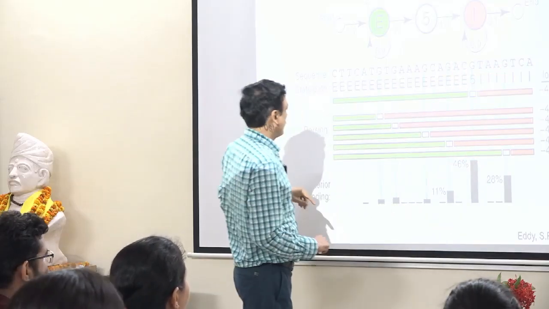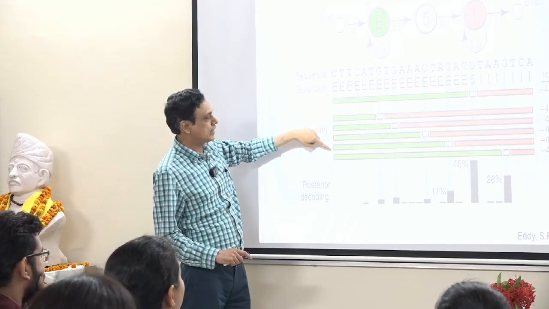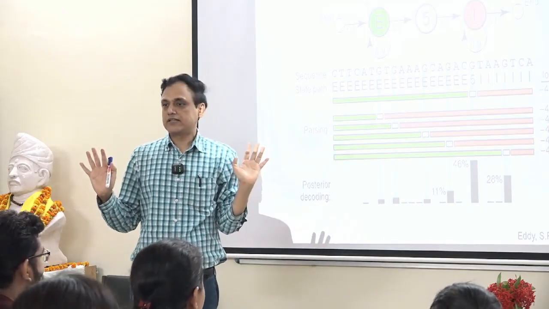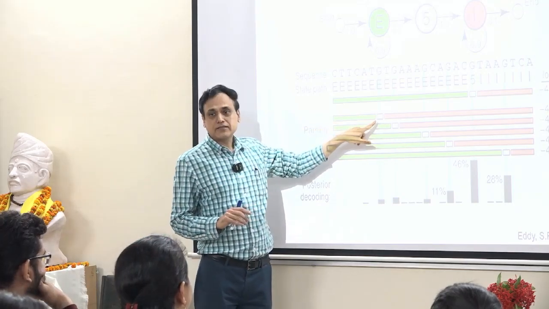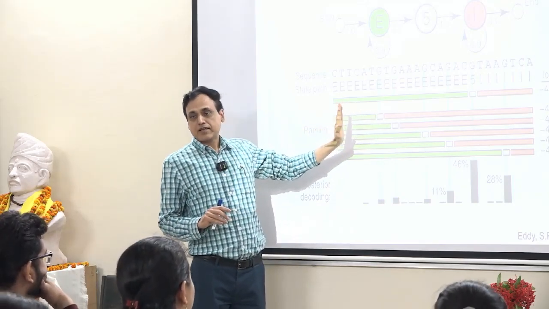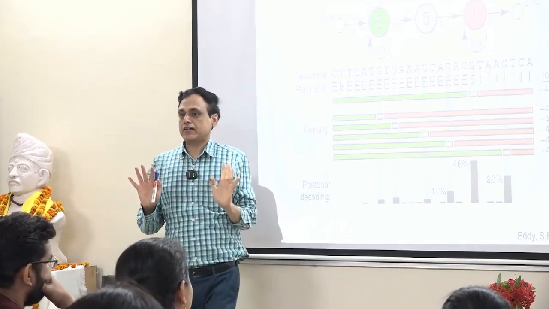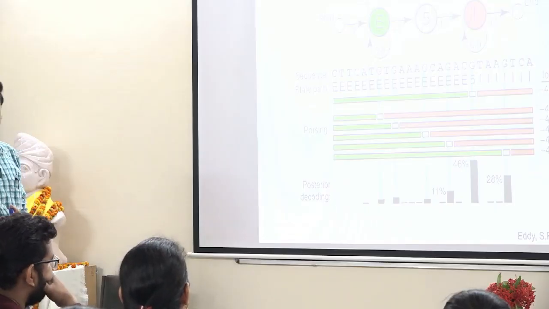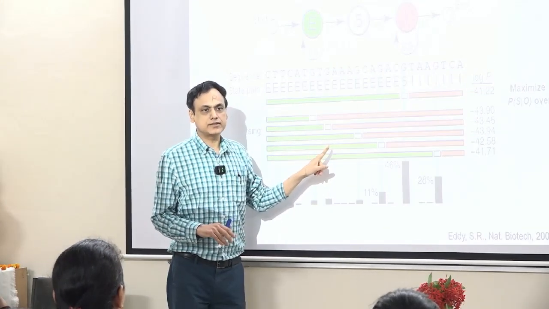So how many hidden sequences in total? 1, 2, 3, 4, 5, 6. Very straightforward. To the left of the 5' splice site is exon, to the right is intron. So there are a total of 6 hidden sequences, and out of 6 we will have to select one.